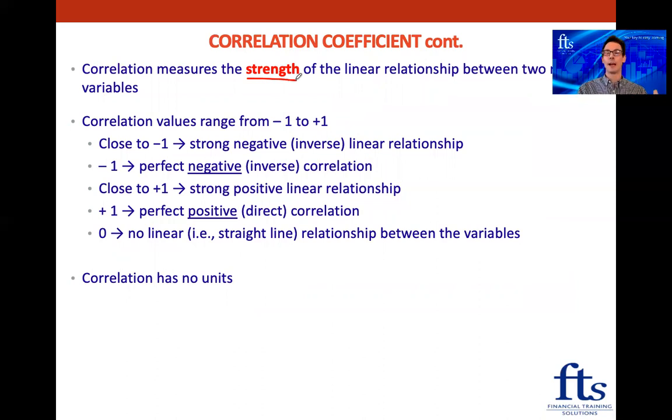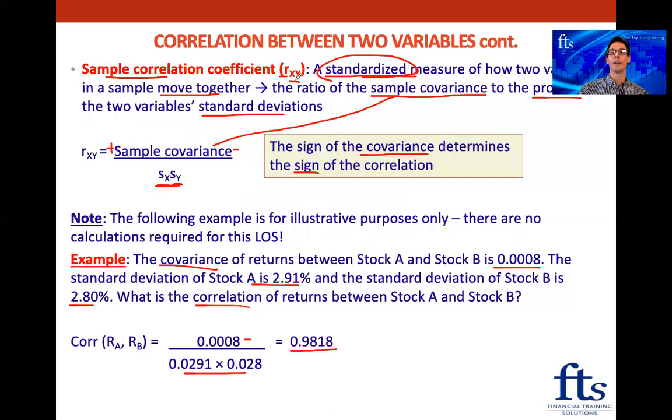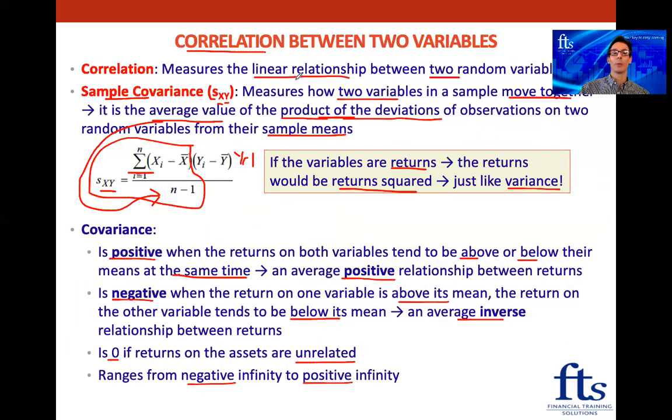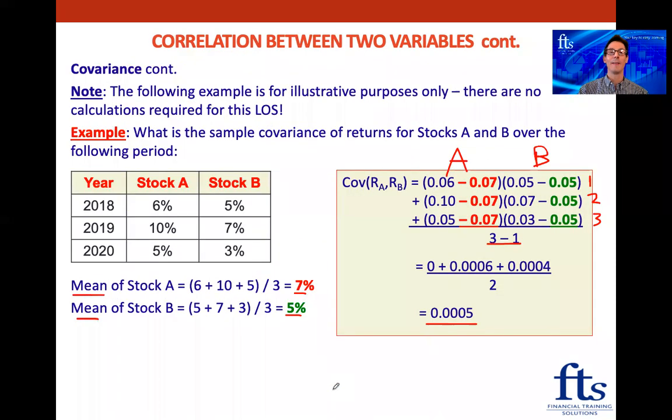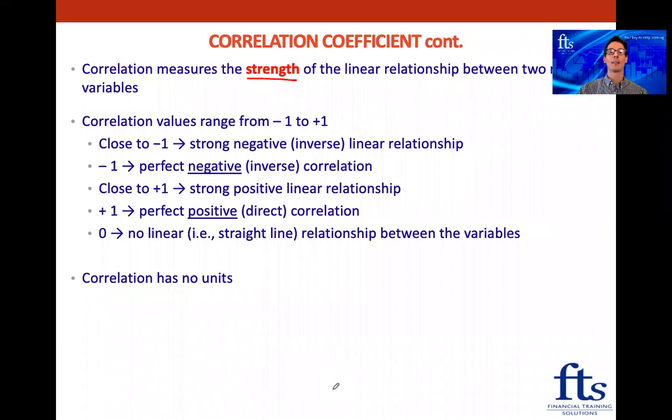All the covariance was doing was telling us whether we have a positive or a negative relationship. It didn't tell us what the strength of that relationship is, because we had that range from anywhere to anywhere, basically. Now we've got something where we can tell the strength of the relationship between the two variables.